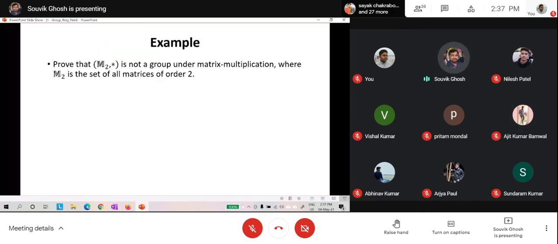So there is another example. You have the set of matrices of order 2 and the usual matrix multiplication operation.